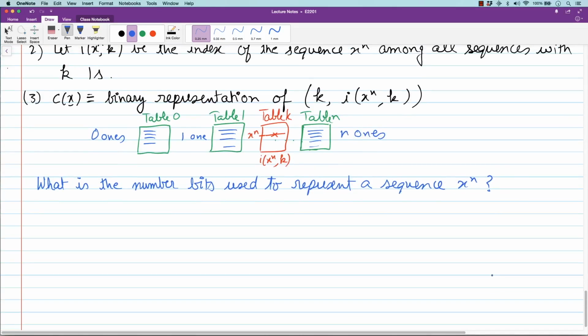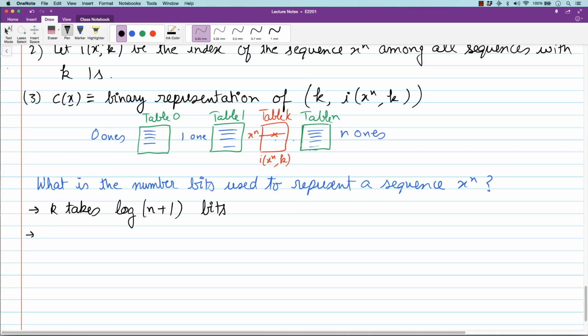Here we note that this number of ones k can take anything between 0 and n. Each sequence can have 0 ones, 1 one, 2 ones, 3 ones, or n ones. Therefore k takes log(n+1) bits to represent. That's the first part.